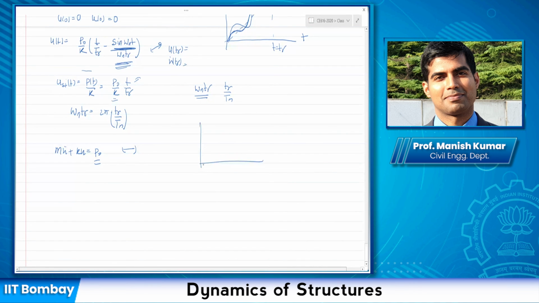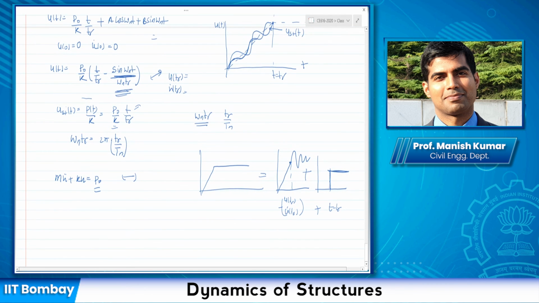So if I have something like this, I can represent the solution as the response to this linearly increasing function plus the response to this step function. For this I find u of tr and u dot of tr, so that after this point there is a free vibration due to this initial condition plus a step force at time t equal to tr. I'm going to add this up and then find the response, but we'll do that in the next class.